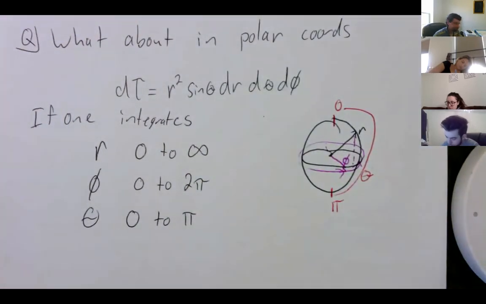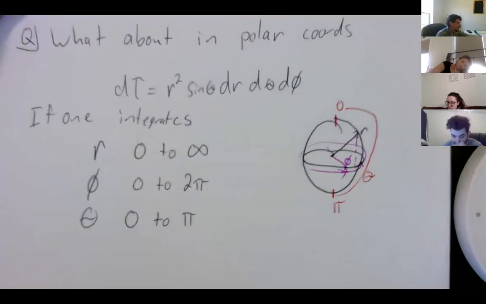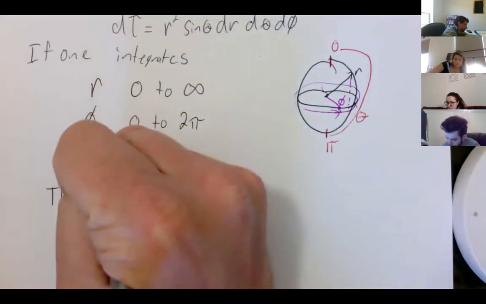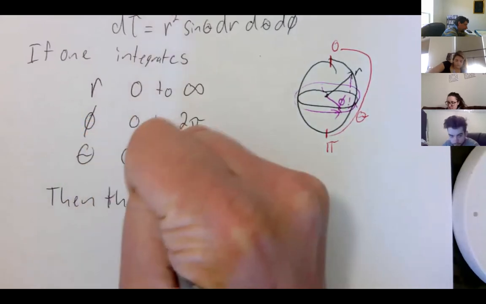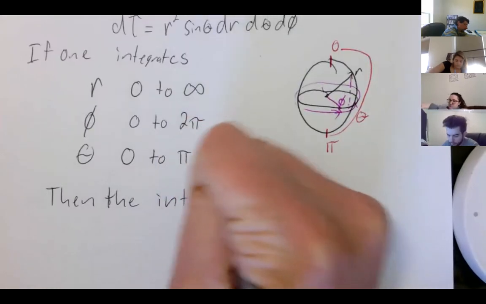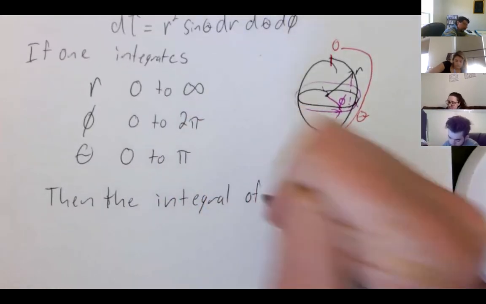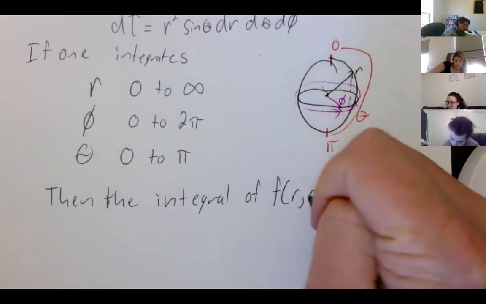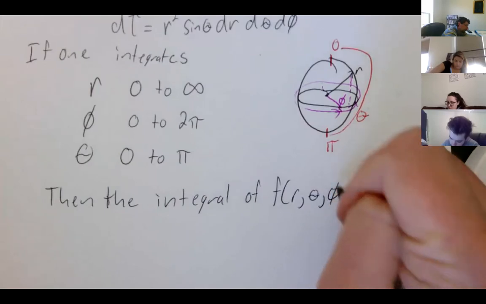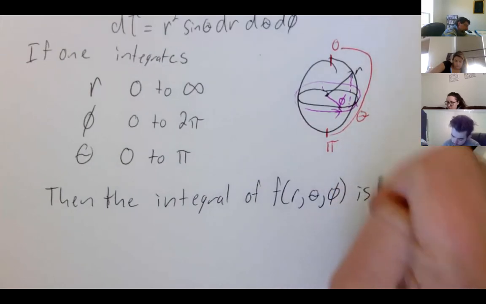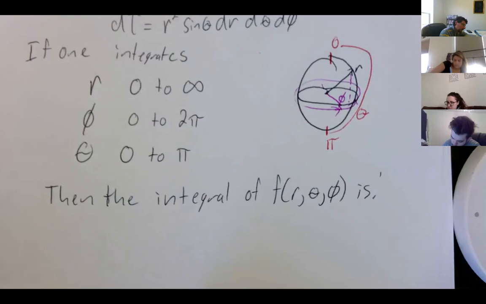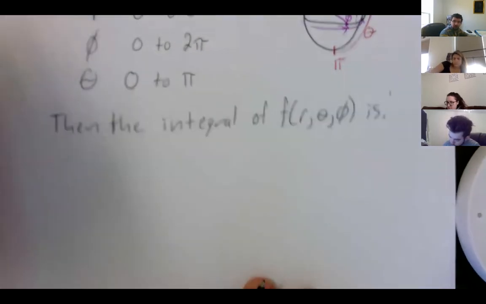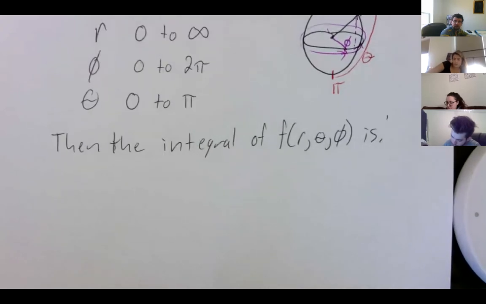There we go. Then if we take the integral of some function that depends on r, theta, and phi, how many integral signs are we going to need? 3.